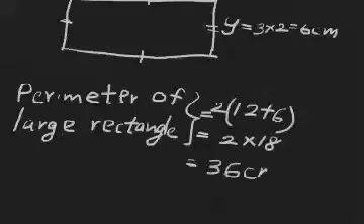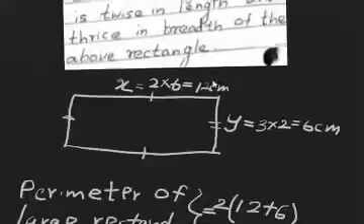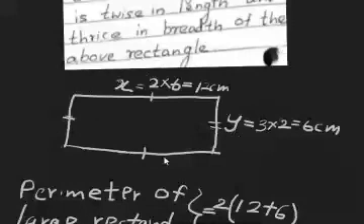Right? Very easy. The only thing you have to do is draw a rough diagram. Then you should mark all the given data in that diagram. Then you can easily do the calculation.